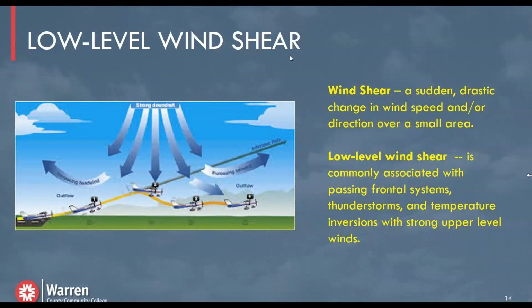Low-level wind shear is commonly associated with passing frontal systems. So when those two temperature systems, low and high, hot, cold, come in together, there'll be thunderstorms and temperature inversions with strong upper-level winds. And we'll talk a little bit about this in a minute.